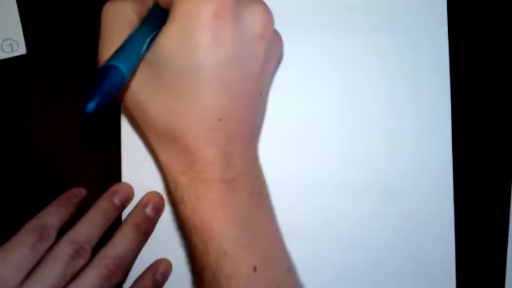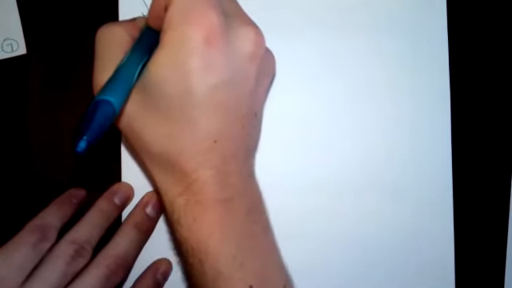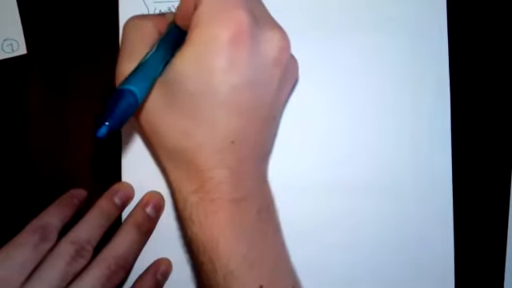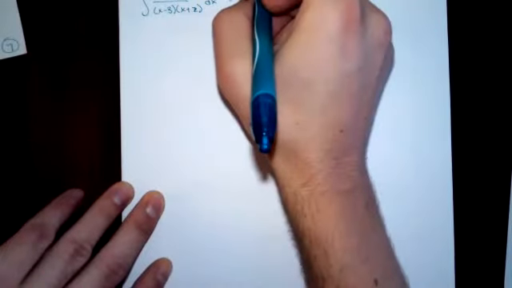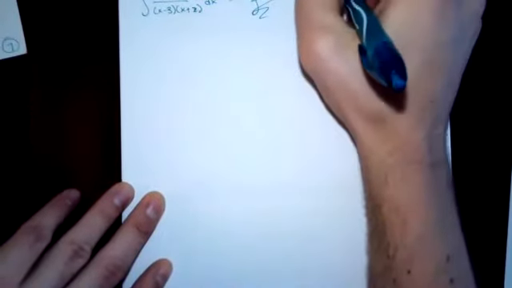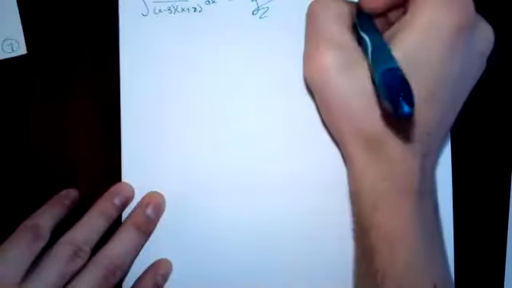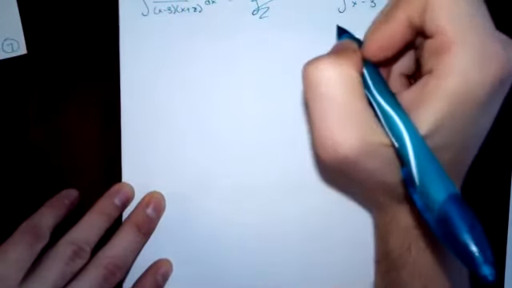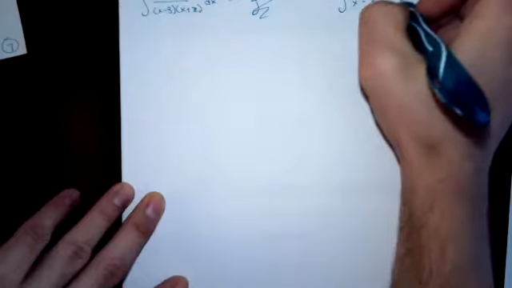So just the partial fractions part. We are turning this integral, (3x minus 4) over (x minus 3)(x plus 2), into an integral of, let's see, my A was 1, and that was over the x minus 3, and B was 2, and that was over the x plus 2, dx.